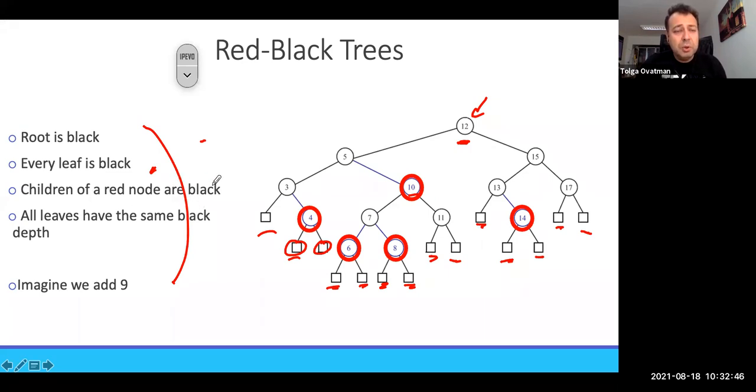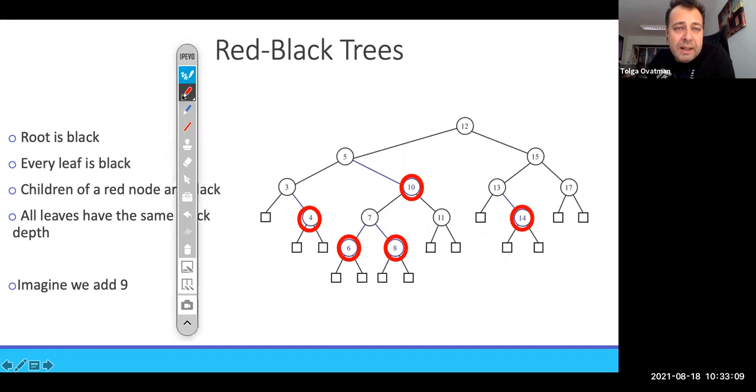Children of a red node should be black. So no two red nodes should be parent and child of each other. So it's always the black nodes that are the children of the red nodes. If you look at this tree, whenever you look at the red nodes in here and this guy, you see the children are black.